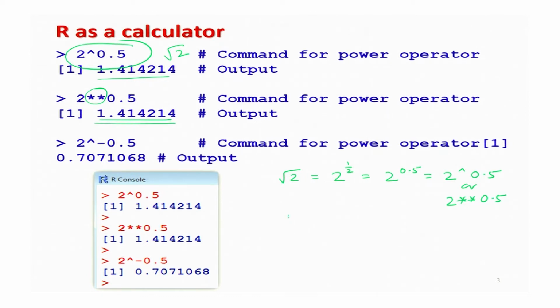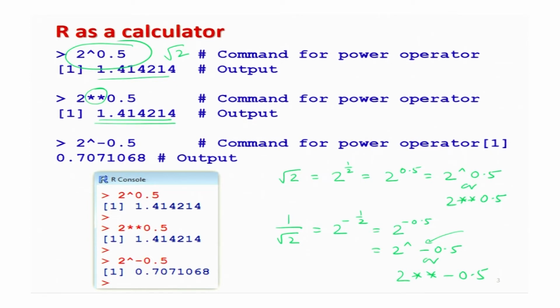And similarly if you want to find 1 upon square root of 2, then this can be written as 2 raised to the power of minus 1 upon 2, which is 2 raised to the power minus 0.5, and then you can write this as 2 hat minus 0.5 or 2 double star minus 0.5. Don't get confused that the minus is going to be operated first, because you are going to follow the rule of BODMAS, right?